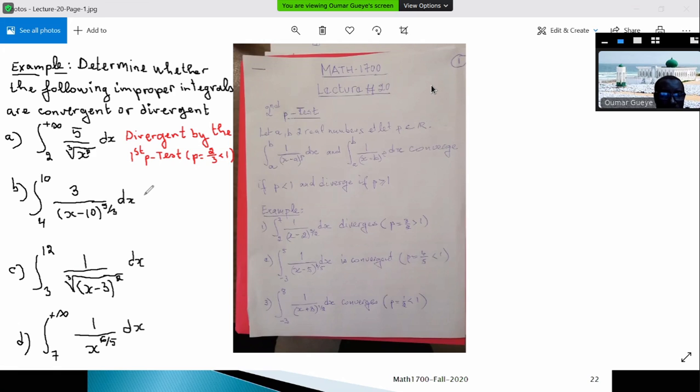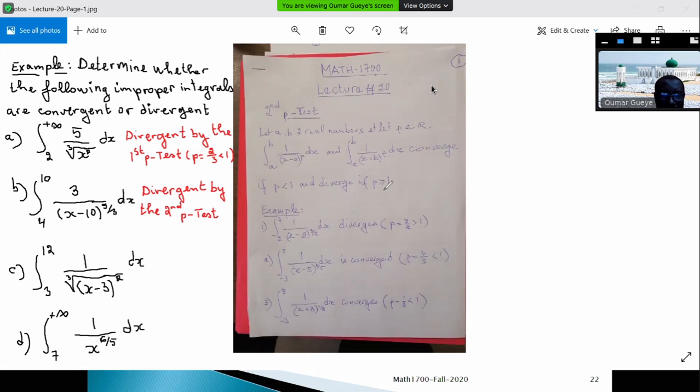So here it is also divergent, because of what the second p-test says, the second p-test that you have here in front of you.